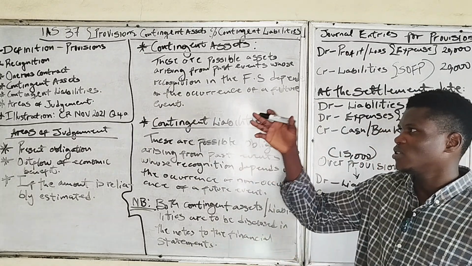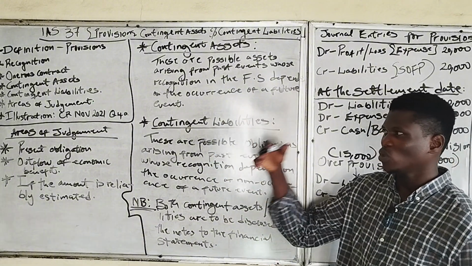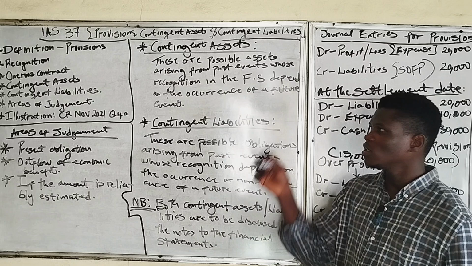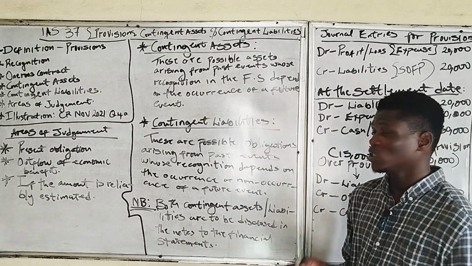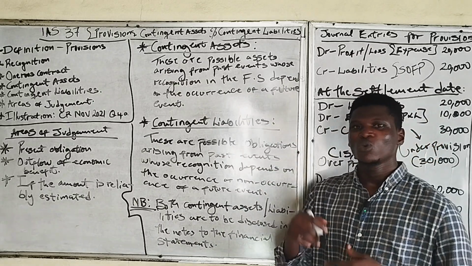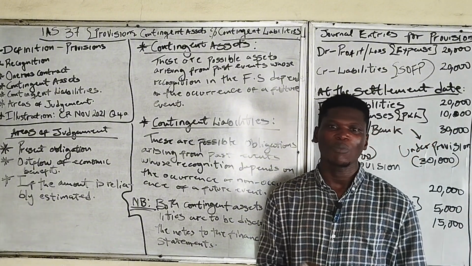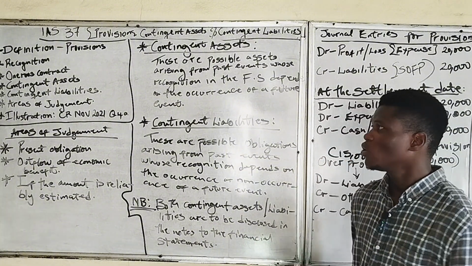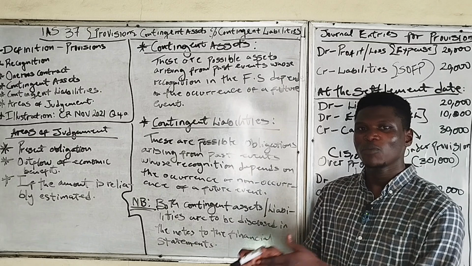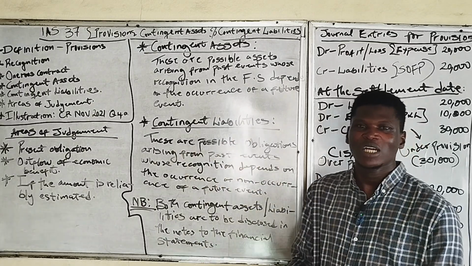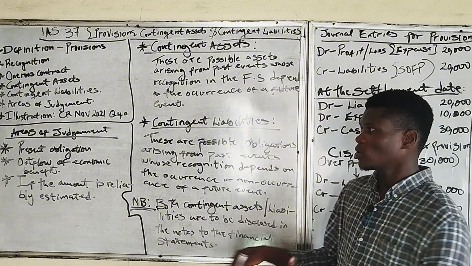So we've talked about the definitions of provision, we've talked about its recognition, we have the consideration of provisions in relation to onerous contracts, which we said onerous contracts are those contracts with tendency or probability of resulting into a loss at the completion of the contract, which we will not be making provisions for because they are of future events. They are not as a result of past events. We've talked about all of these things.